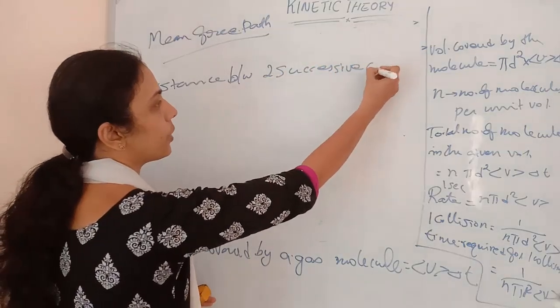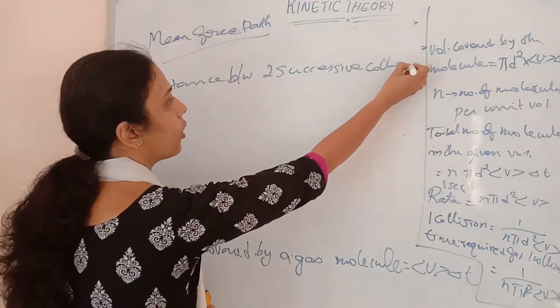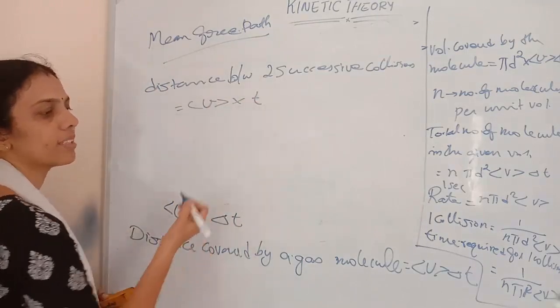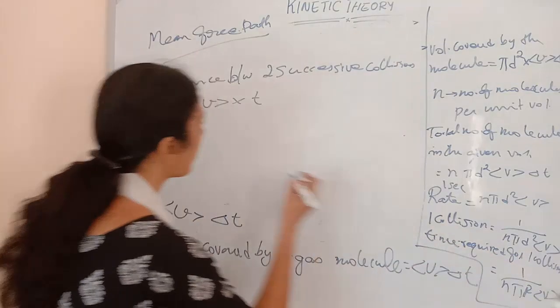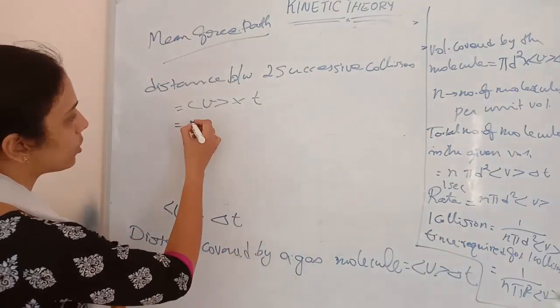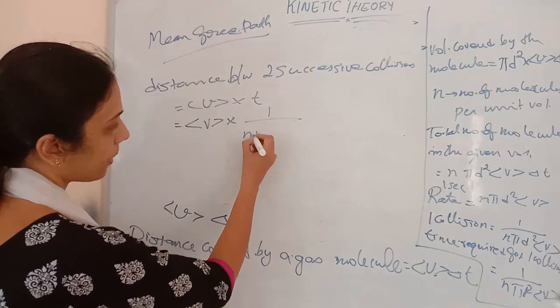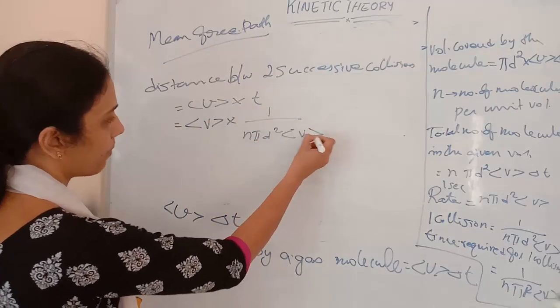How can we find it? Velocity into time, isn't it? The time required for one collision is 1 by n pi d square v, so the distance equals v into 1 by n pi d square v.